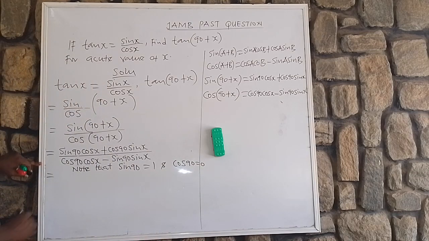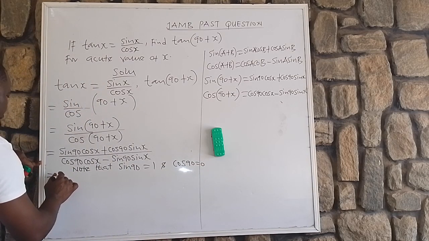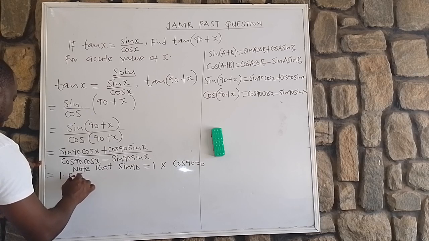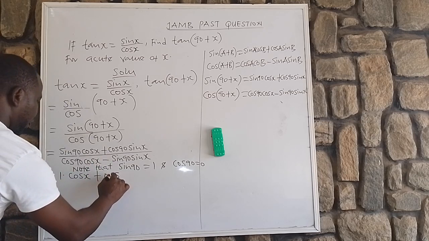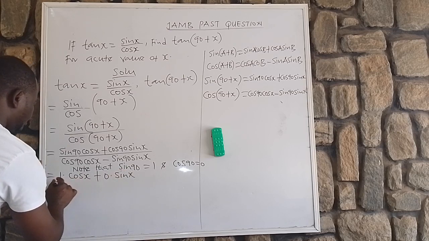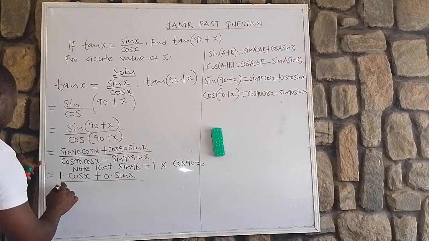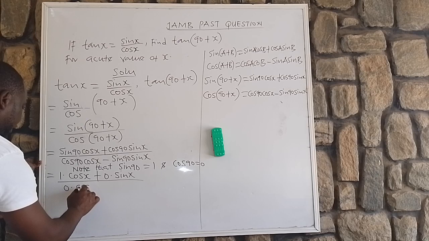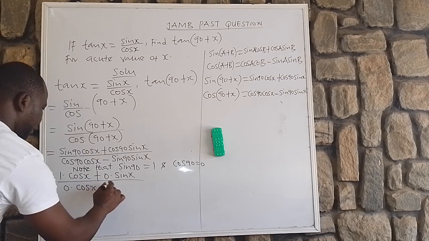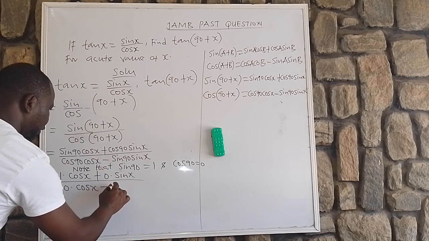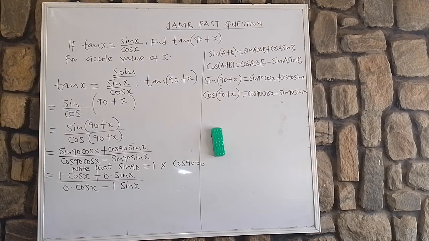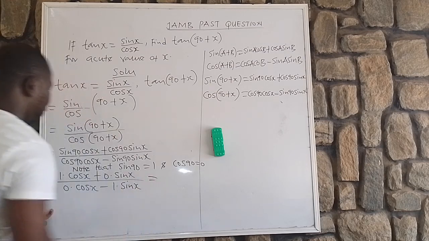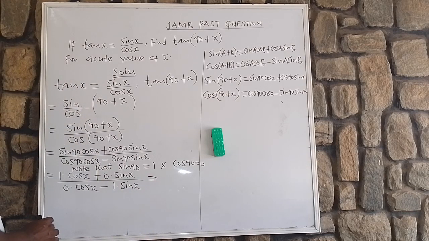Take note. So here will now be 1 times cos x, plus 0 times sine x, all over 0 times cos x, then here is minus 1 times sine x. True or false?